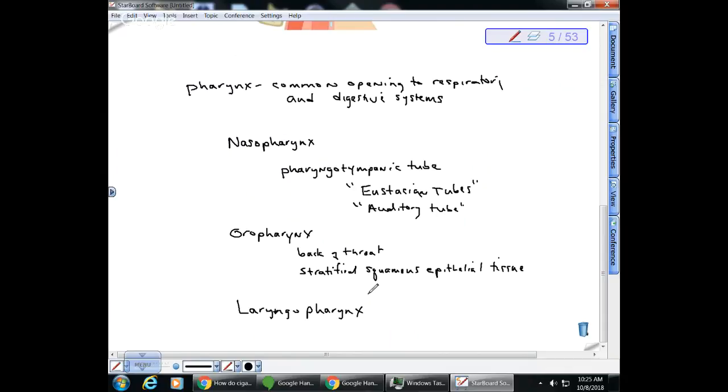So this is a switching point for air and food. You want air to go into the respiratory tract, and you want your food to go into your digestive tract. And this is where that occurs. At the laryngopharynx, we have an opening called the glottis. This is the opening into the respiratory system.